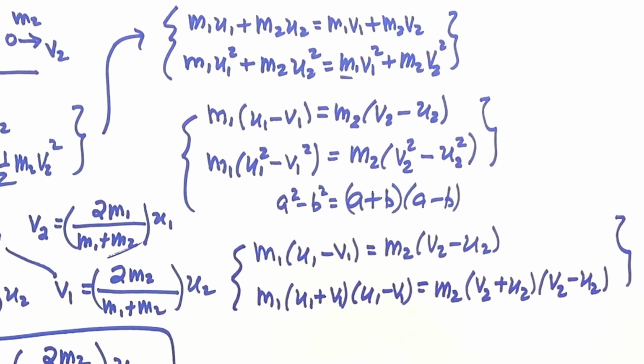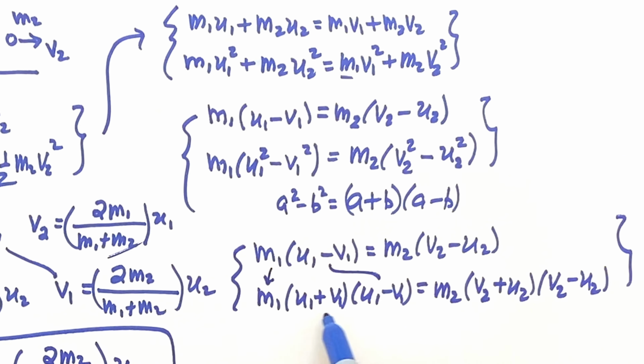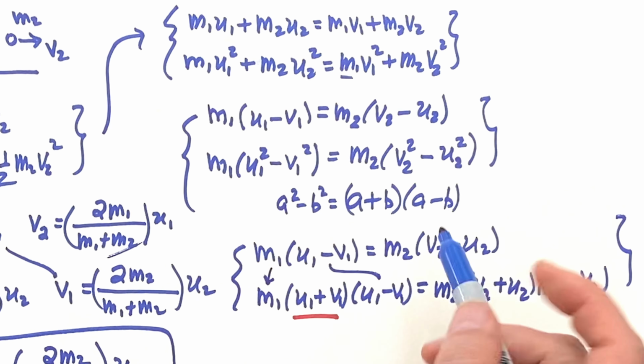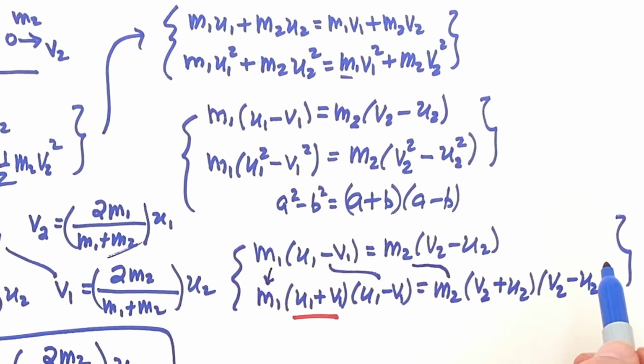Now we'll do the same trick we did last time where we said, well, let's look at this here. You've got an M1 here, you've got a difference here, but you get something extra. So we have this extra part there. Now on this side we have an M2 and we have a difference, but then we have this extra thing here.